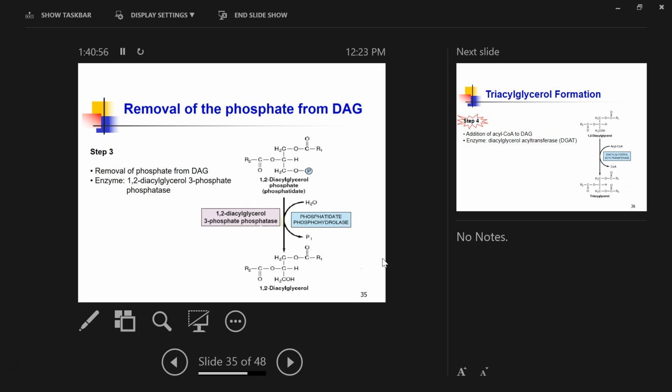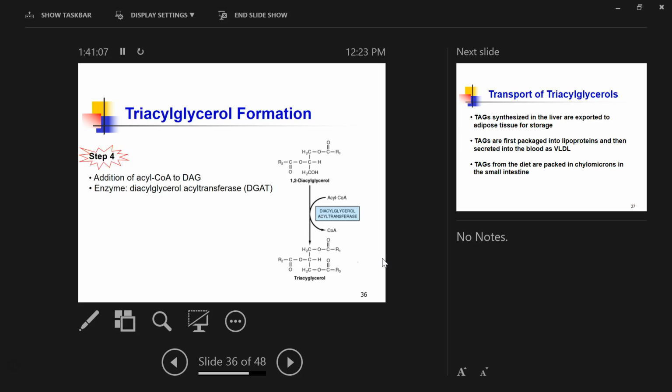Diacylglycerol basically has a glycerol backbone and two fatty acids attached to the SN1 and SN2 positions. Okay, so this is the last step: you add the last fatty acid to the SN3 position and generate the triglyceride.